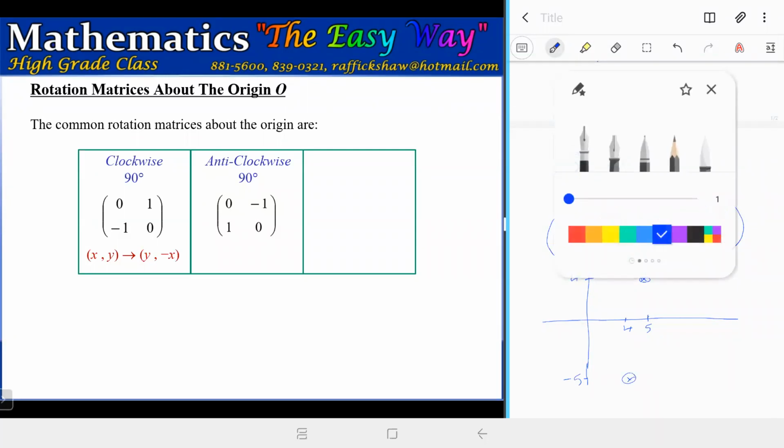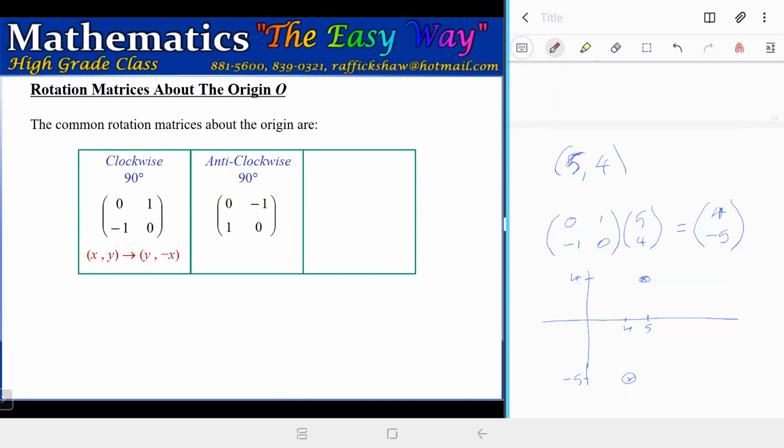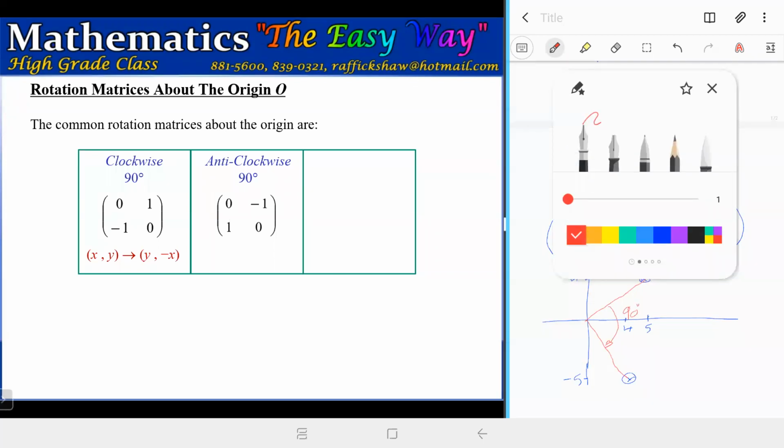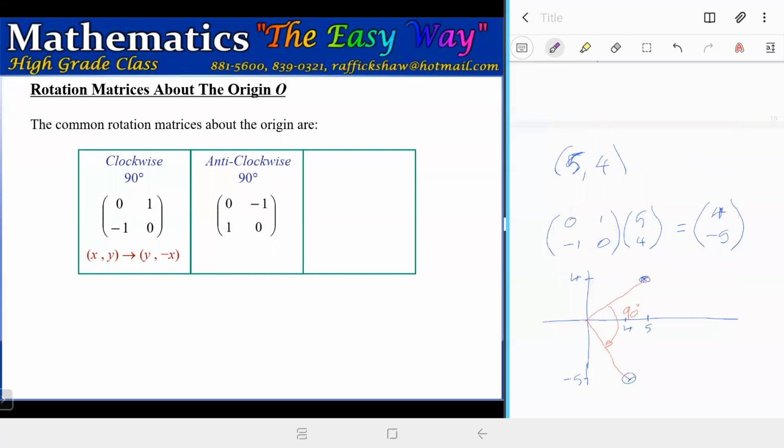What you see is a clockwise rotation, like this point rotated 90 degrees to this point. The rotation right here is 90 degrees clockwise, and the rotation took place about the origin. That's how it works. This point up here is (5, 4), and this point down here is (4, -5). And so the matrix will do the calculation for us.